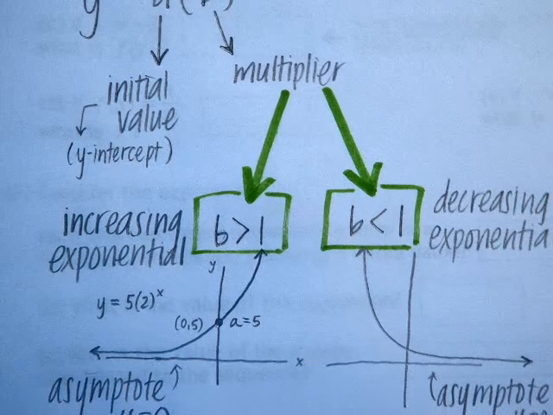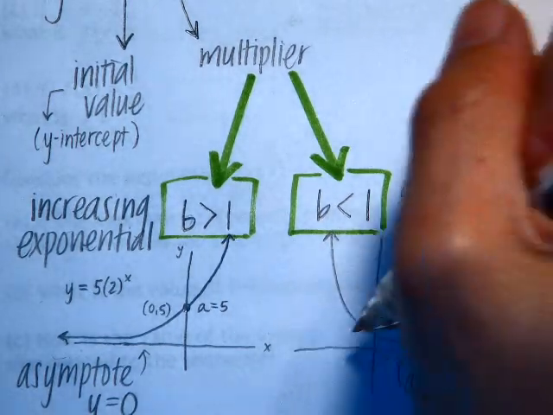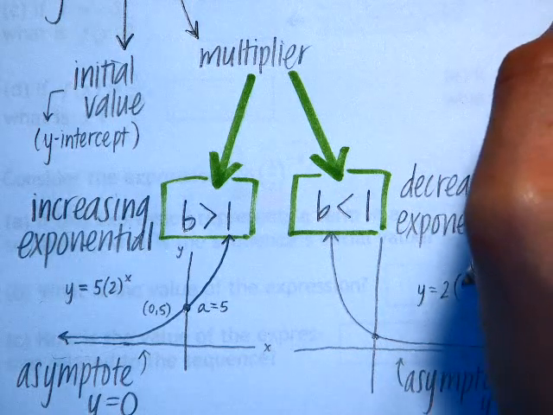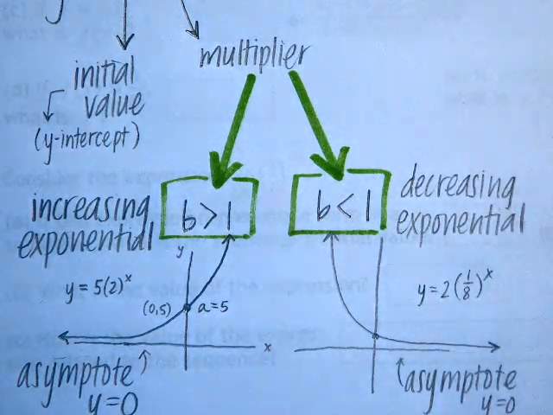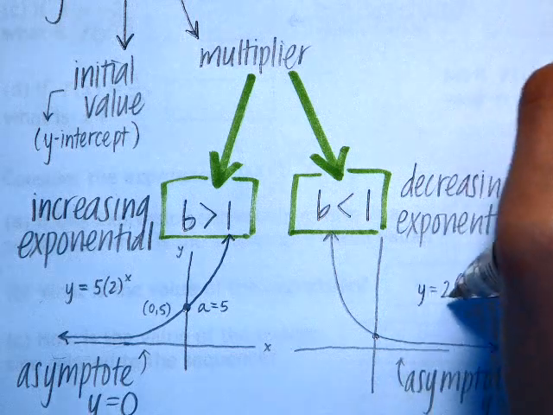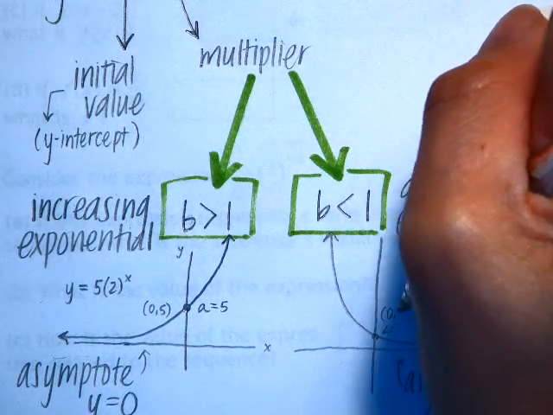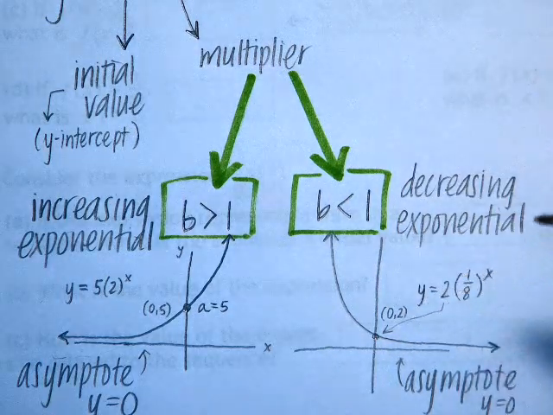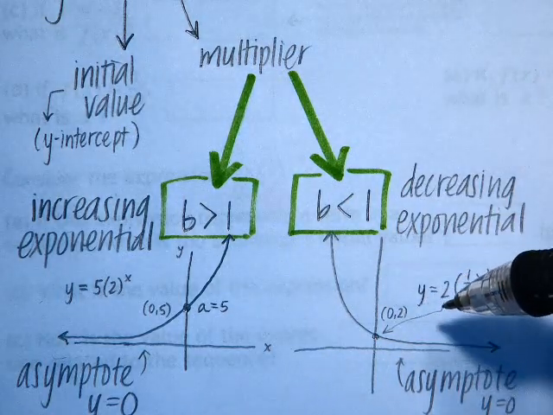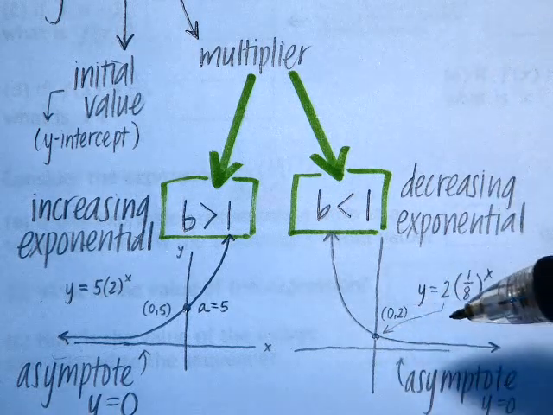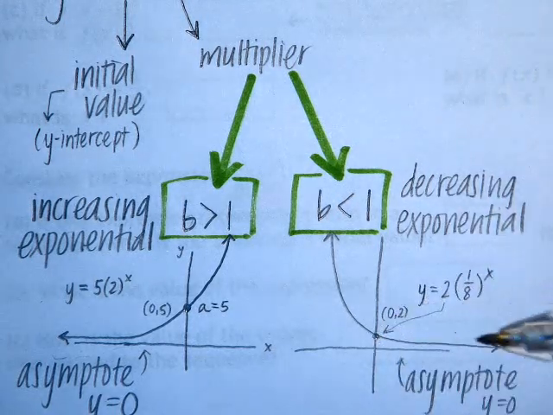In fact, the y-intercept plays the same role in both types. So if this, for example, was for the equation y equals, let's say, 2 times 1/8 to the power of x. I just made something up. But this is your a, which means that the point on the y-axis is at (0, 2). So the value of the initial value is just the y-coordinate of your y-intercept, or you can think of it whichever way you want, starting point, whatever.